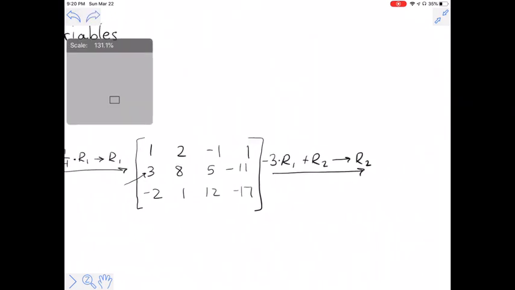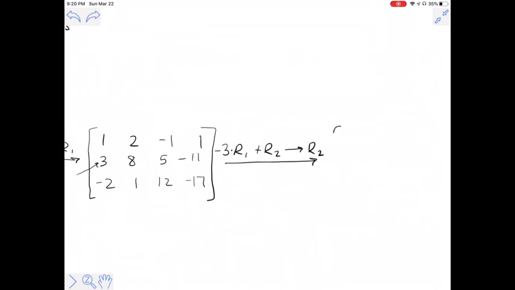So let's see what that looks like. This entry is in row 1, so according to this row operation, it's going to be multiplied by -3. So -3 times this 1 is -3, and then added to that 3 makes 0.